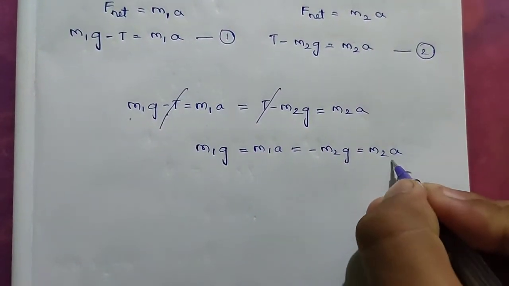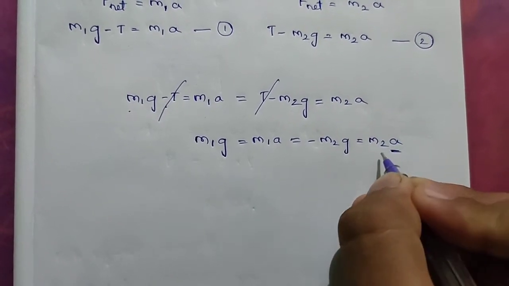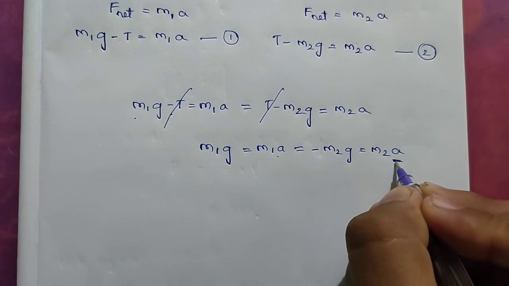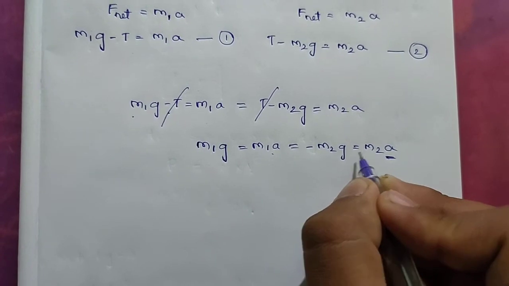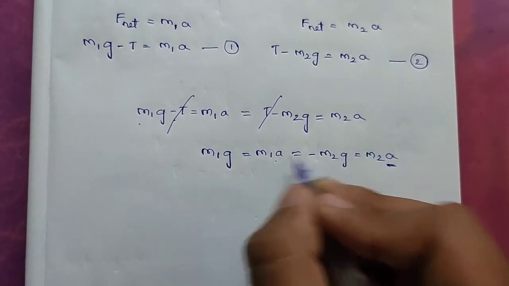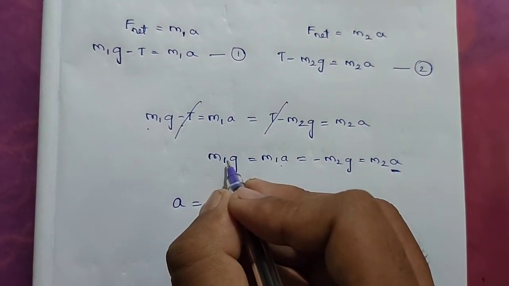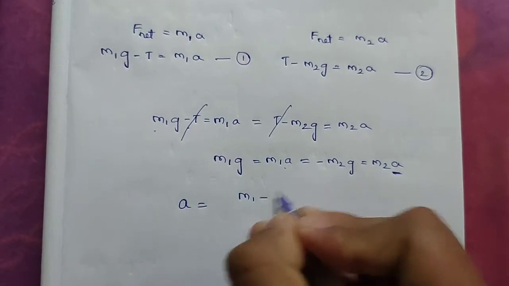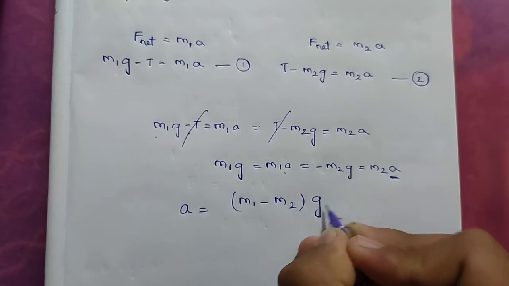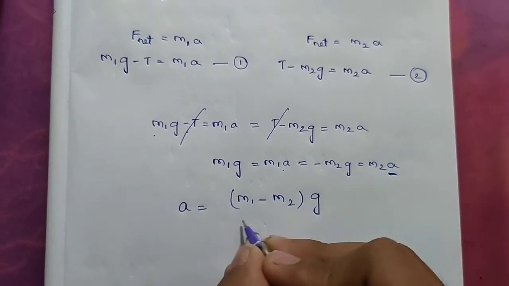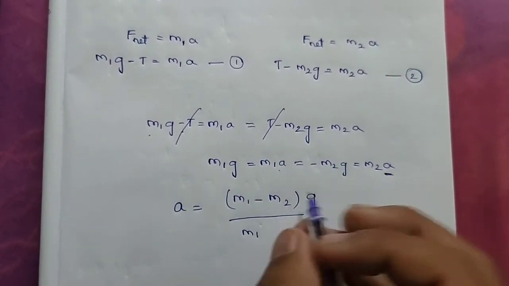So I want the value of acceleration. Here we have two coefficients in the acceleration, m1 and m2, and there is a plus sign between them. So a is equal to, firstly, m1 minus m2, which is the coefficient of g, divided by m1 plus m2.